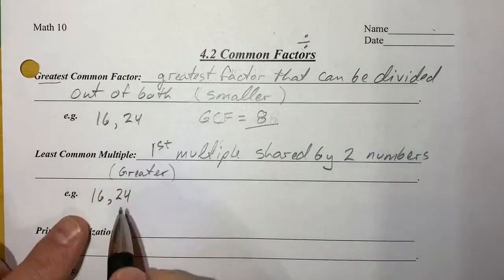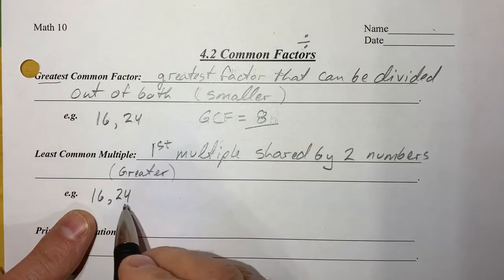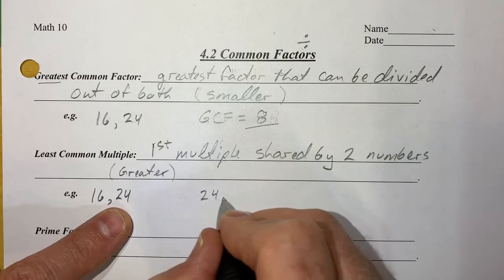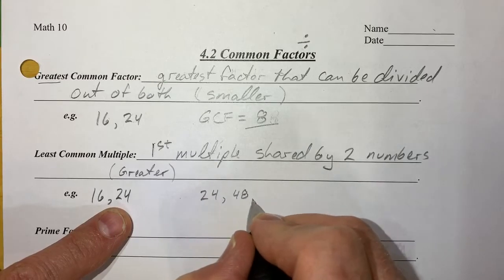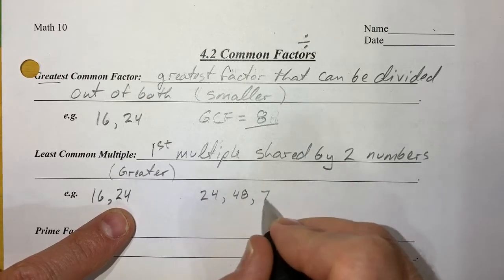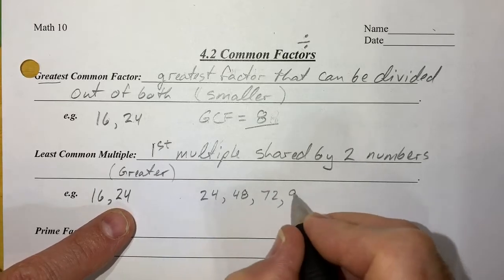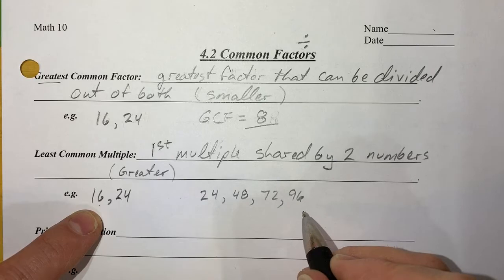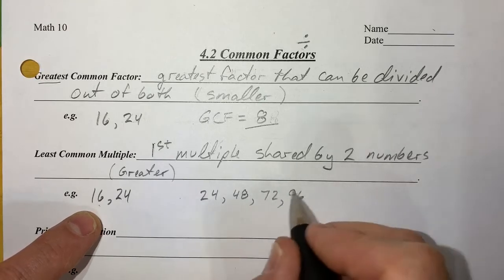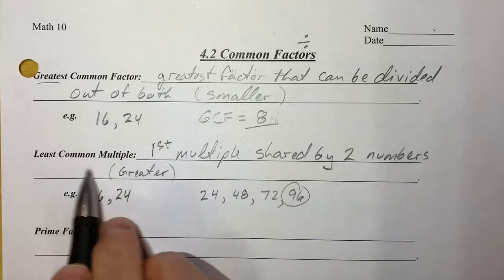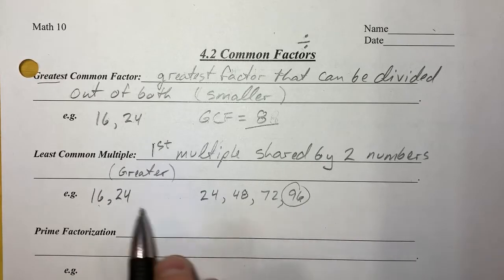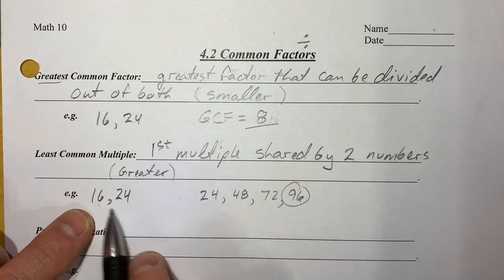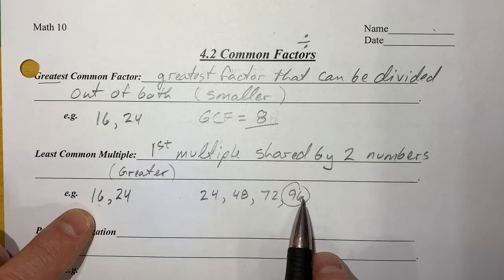Usually what we do is we start with the bigger one. You start writing off multiples. 24, 48, 24 times 3 is 72, times 4 would be 96. Oh, 16 will divide into 96. So this is the least common multiple. In other words, it's the first number that both of them will divide into. Because 24 will go into that 4 times. 16 will go into that 6 times.